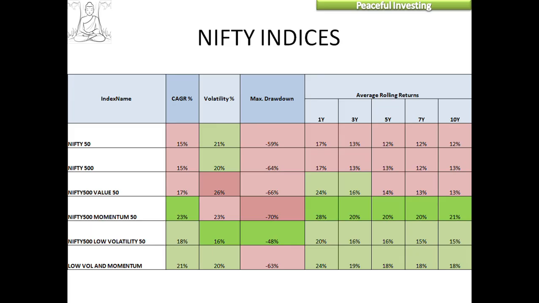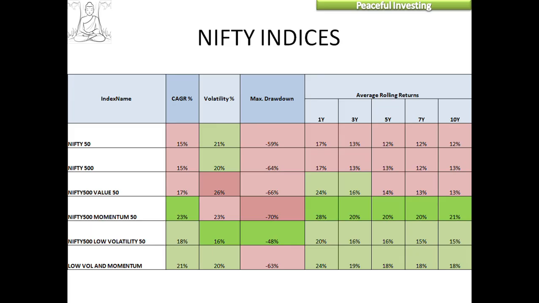So the CAGR returns over there would be 21%, volatility would be 20%, drawdown still remains high, maximum drawdown would be 63%, but 10-year rolling returns would be 18%. So over here you find a midway between low volatility and momentum 50. And across 3, 5, 7 years, the rolling returns remain 18%, 19%, which is not bad, which is very good.